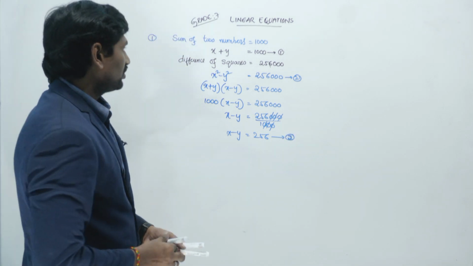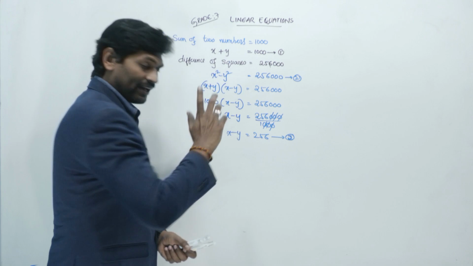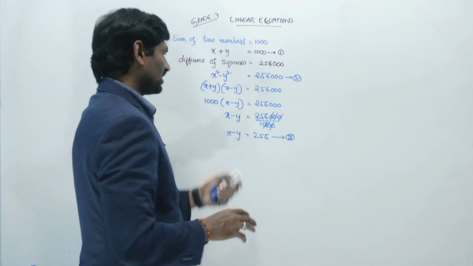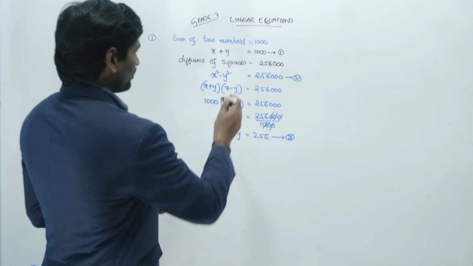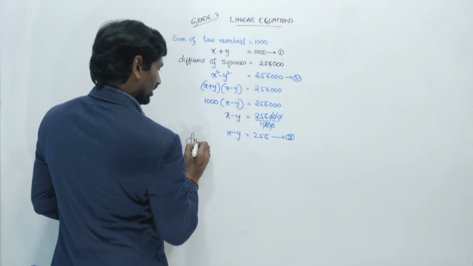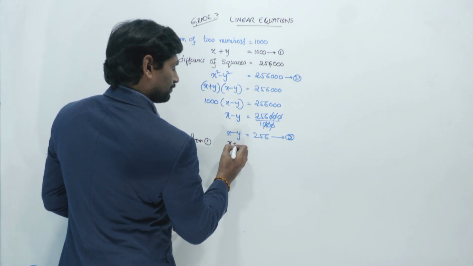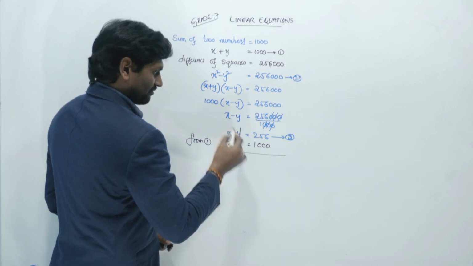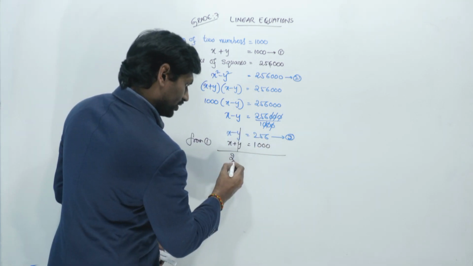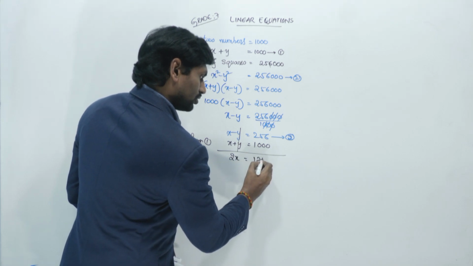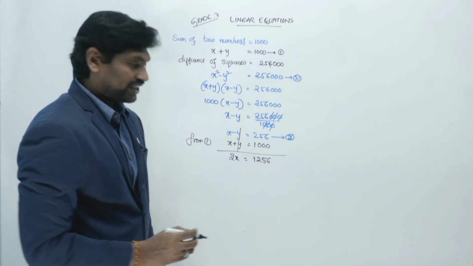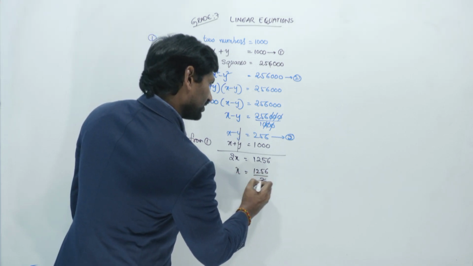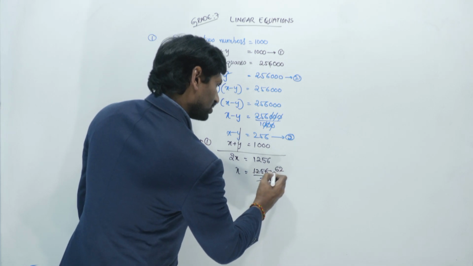Okay, now we know the x plus y value and we know the x minus y value. For us, the elimination method is very easy to understand here. So I am writing equation 1 here: x plus y equals 1000. Add both of them. Plus y minus y cancel. x plus x is 2x. So 2x equals 1256. From this, x equals 1256 by 2. 2 table: 2 6s are 12, 2 2s are 4, 2 8s are 16.